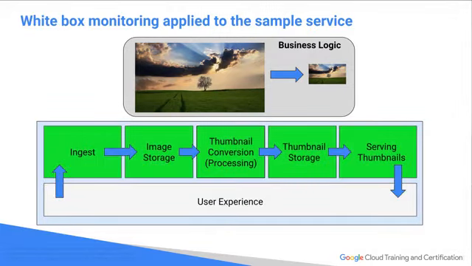So white box monitoring, in this case, is going to monitor the individual services, and you'll apply those accordingly. So in this way, when you're asking the 5 questions and identifying where the potential problems are, you'll look at your white box monitoring service level indicators to determine which part of the business logic could be failing that's affecting that user experience.